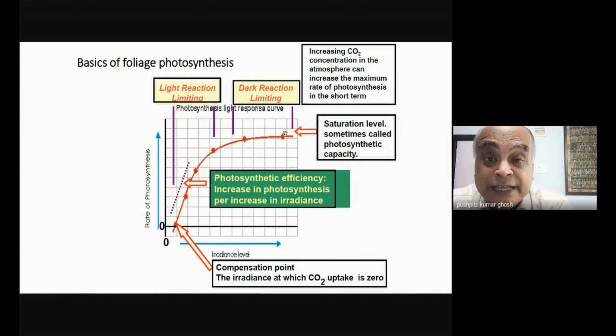But you can imagine also that if my carbon dioxide in the atmosphere increases, then there's a possibility that my dark reaction efficiency will also go up. Not efficiency, but the actual quantum of dark reaction will go up. And so maybe if there is a little more CO2, the saturation might happen at slightly higher levels.